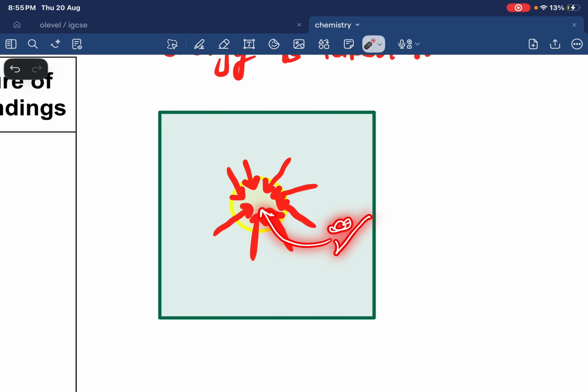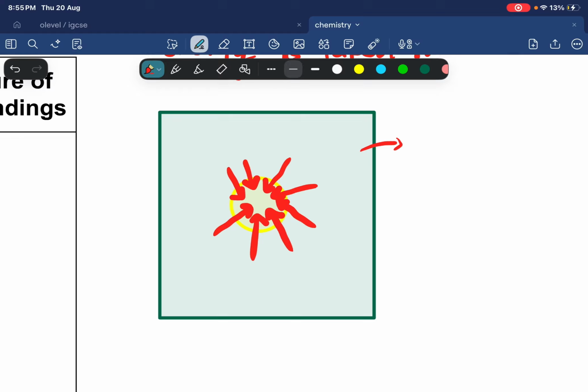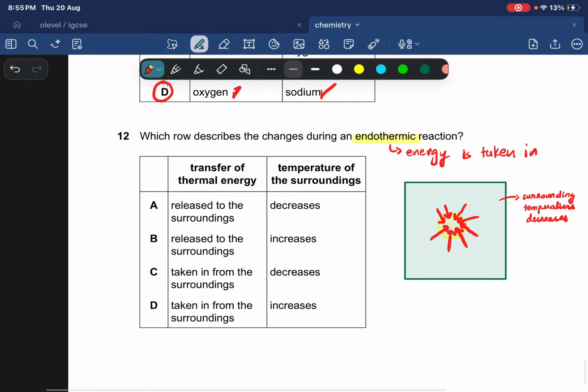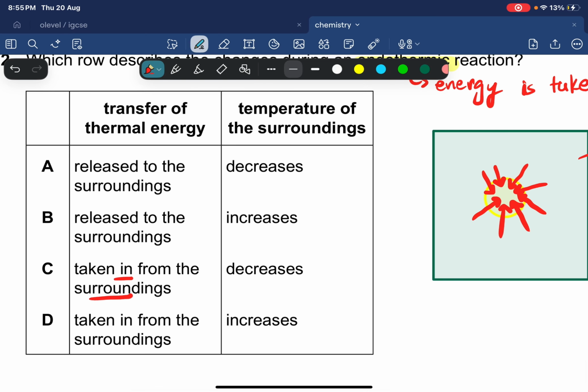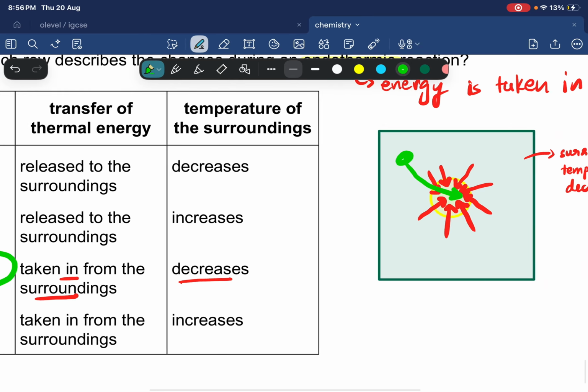So energy in the surroundings will decrease, and the temperature of the surroundings is going to decrease. That's what happens in endothermic reactions. There is transfer of thermal energy taken in from the surroundings, and the temperature of the surroundings decreases because energy moves from this part to this part where the reaction is happening.